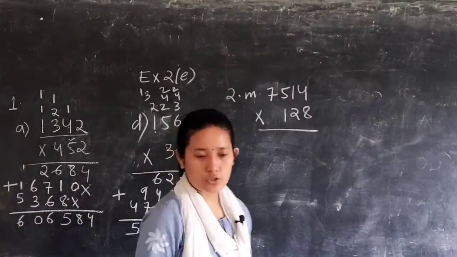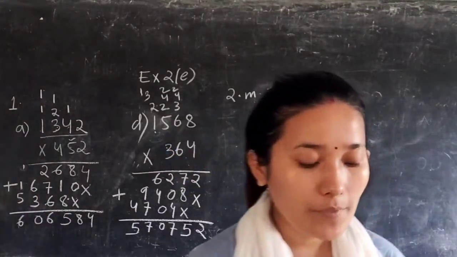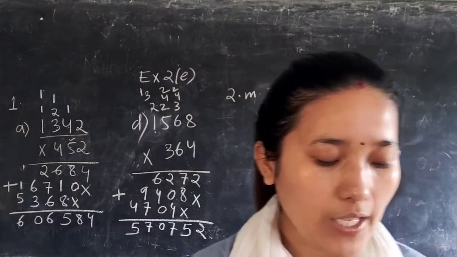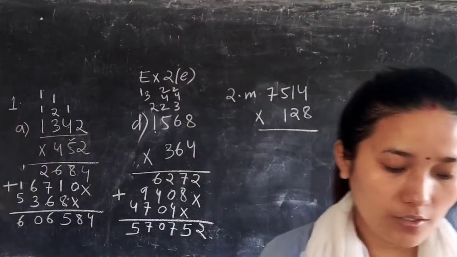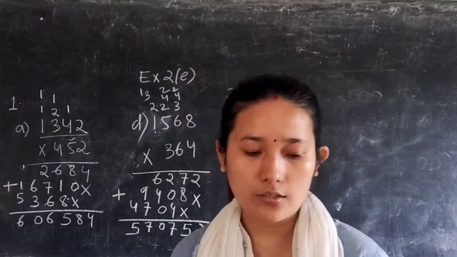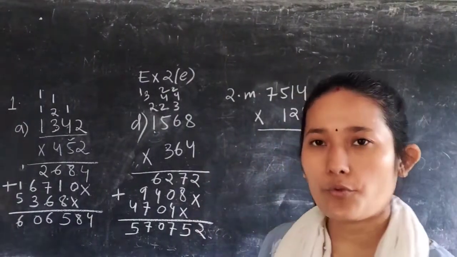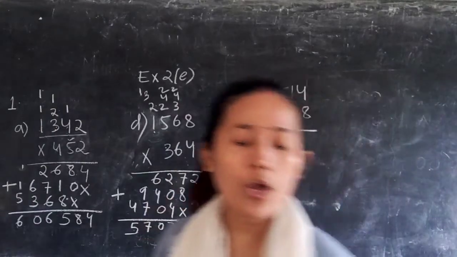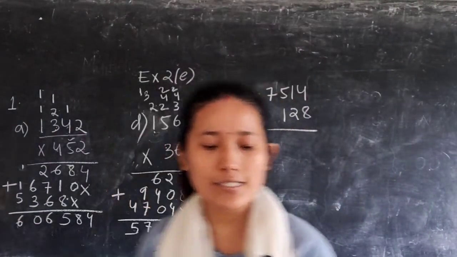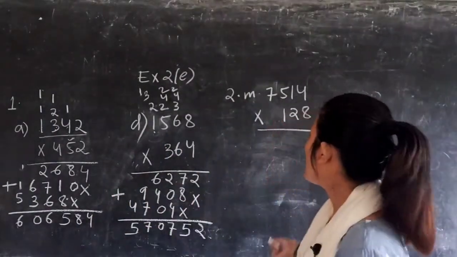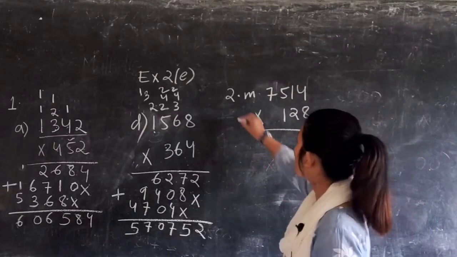Okay, now next two questions, that is question number 2 and question number 3. Multiply the numbers to find the product. So both of them you can do in the same manner. If you can easily do question number 1, in a similar manner you will arrange the question that is given in question number 2.